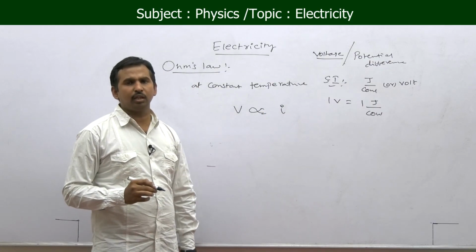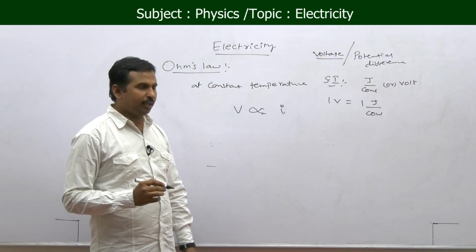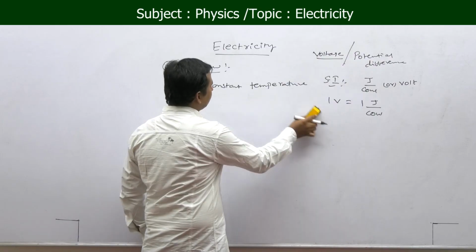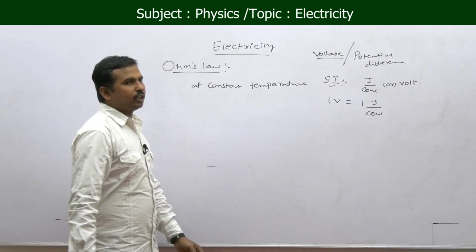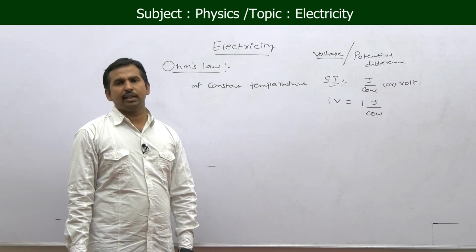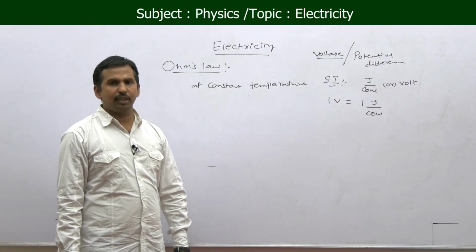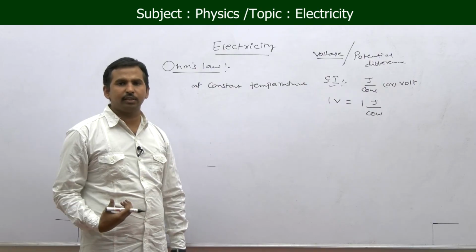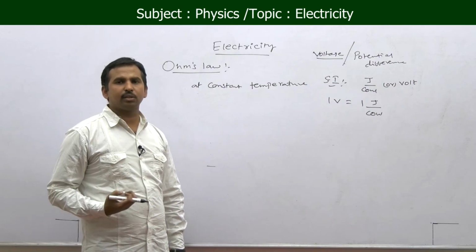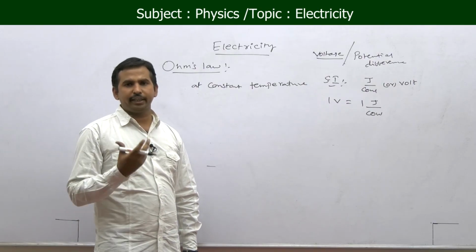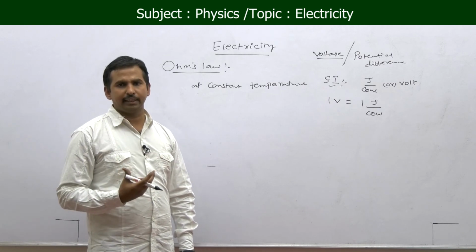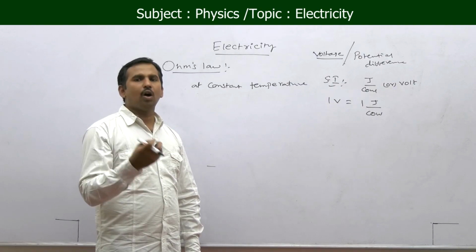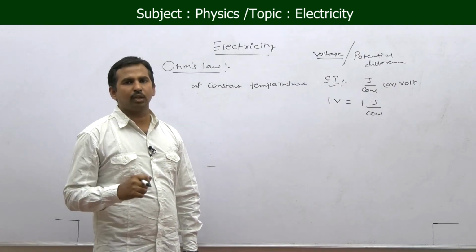So depending on the voltage we get the current: more voltage, more current; less voltage, less current. If I want more current, then the voltage I have to apply is more. Like we see in our batteries, 2 volt battery, 3 volt battery, 4 volt battery. That voltage represents the work it is doing on the charge to move in one particular direction.